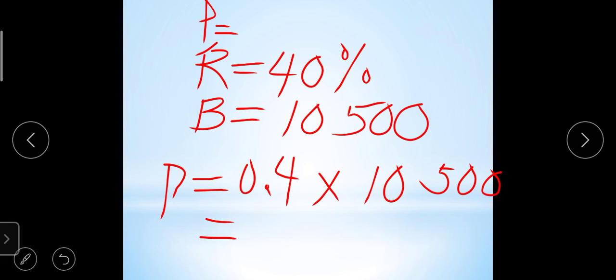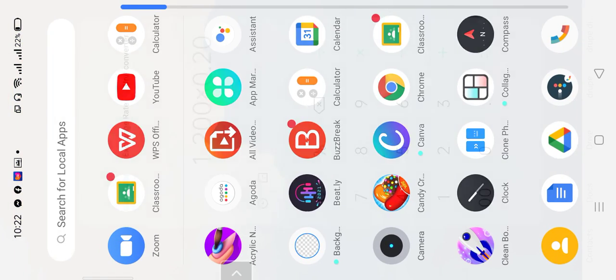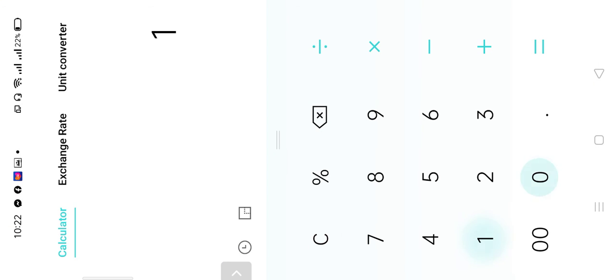How much is the 40%, or what is 0.4 times 10,500? 4,200.